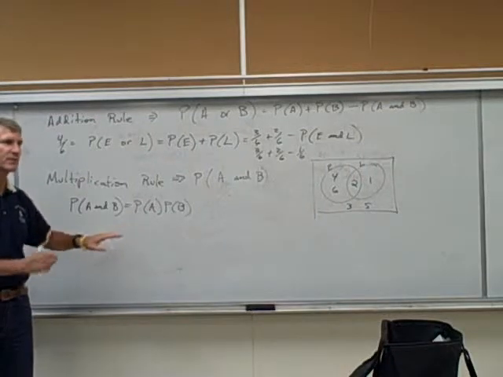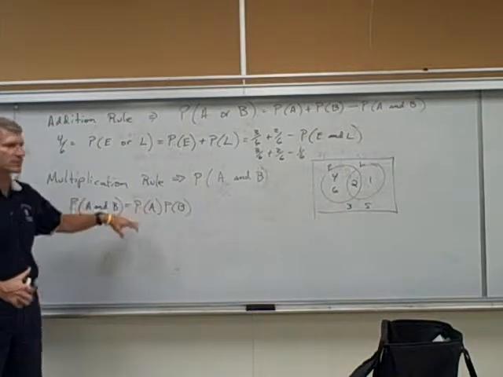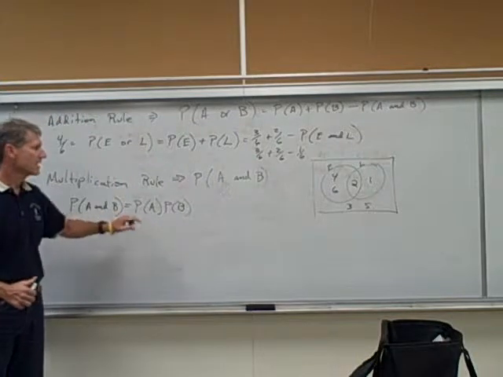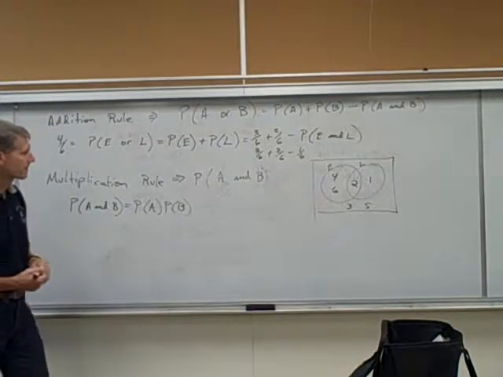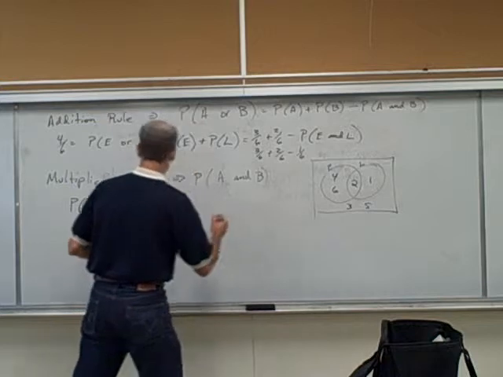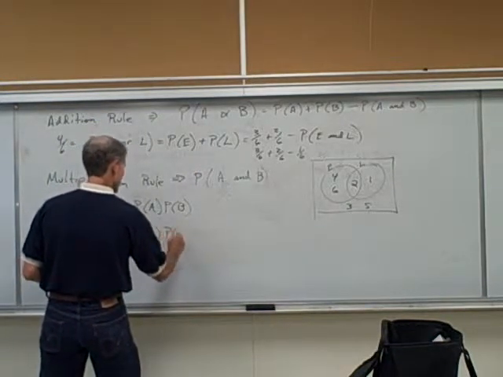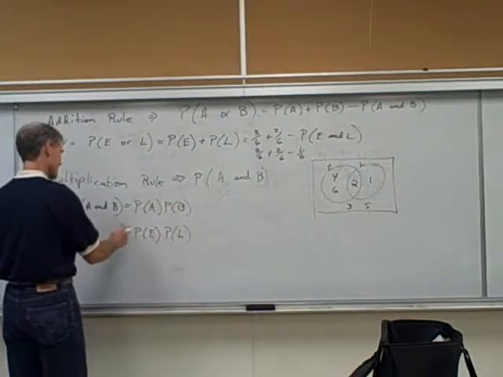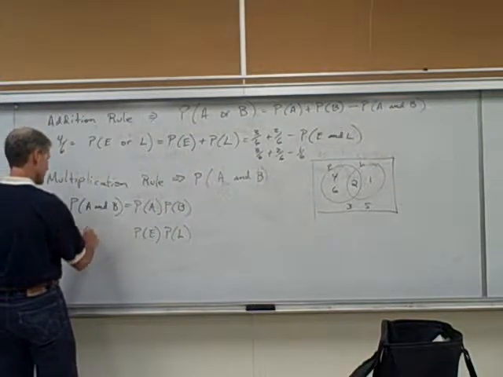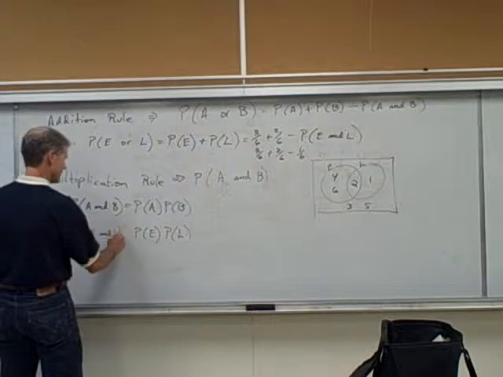If they're not independent, we have to do something else. We have to change this formula a little bit. Now let's try it in this case. I'm going to replace the A with an E and the B with an L. So this is the probability of E and L.